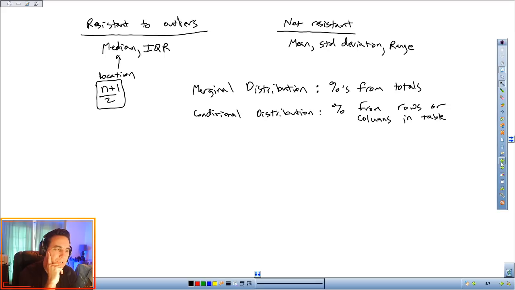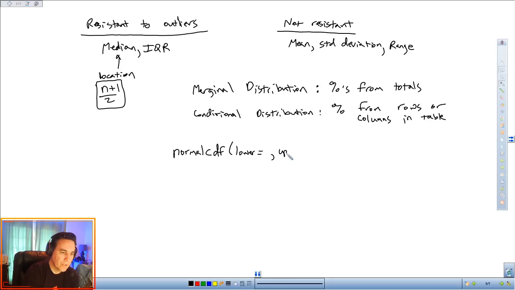Chapter 6 was doing your normal distribution stuff, which we did all year, so I don't think you need to cram on that. Your normal CDF command, remember, we're always going to label because I want you to get full credit. You've got your lower boundary and your upper boundary, where you're finding the area.